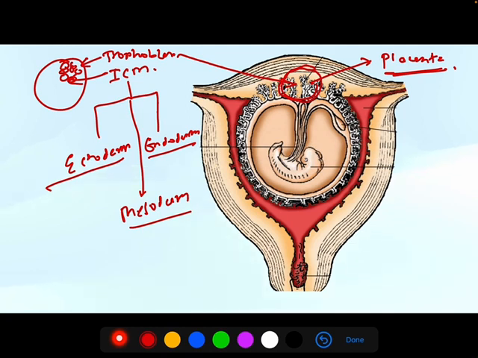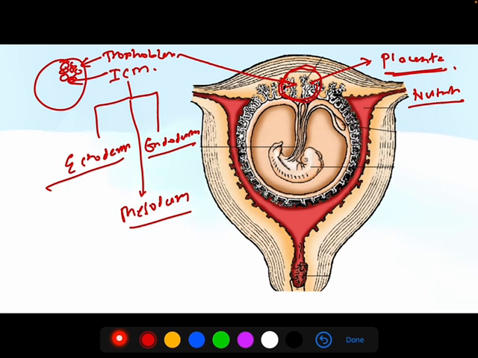Now let us try to understand the function of the placenta. What function does it play? As expected, it will provide nutrition to the developing fetus. What comes under nutrition?